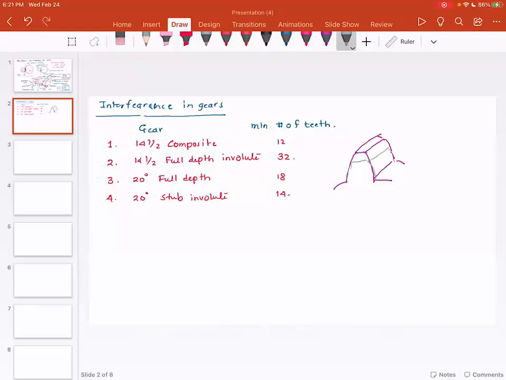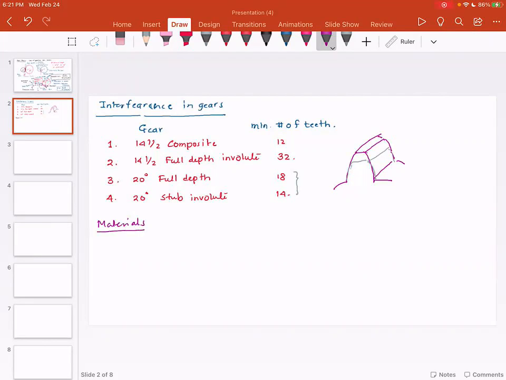That profile is called the stub. And I want you to note the difference between the full depth and the stub. So for an example, if you have full depth profile, then basically you are going to have more number of teeth. If you have a stub profile, you are going to have less number of teeth, because by shaving off the top of the gear, you are reducing the possibility of interference.